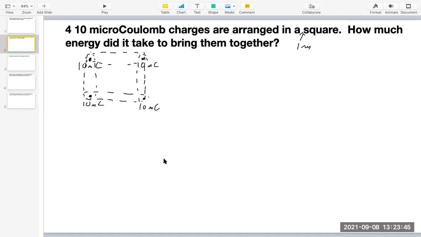And there are 2 other pairs, diagonal pairs, and those are √2 meters from each other.